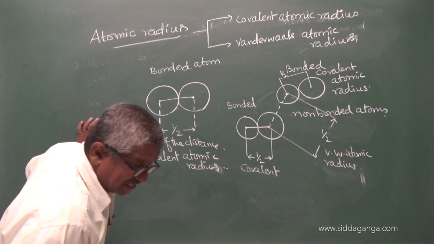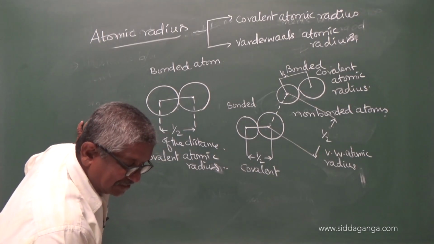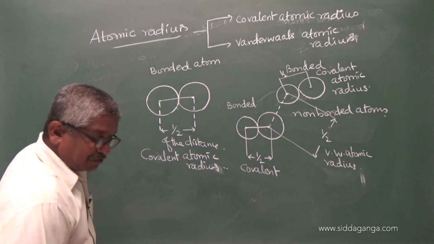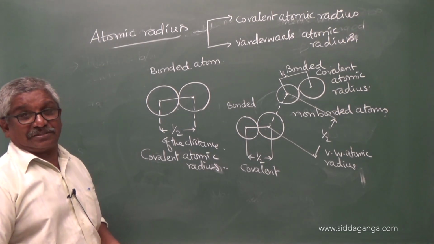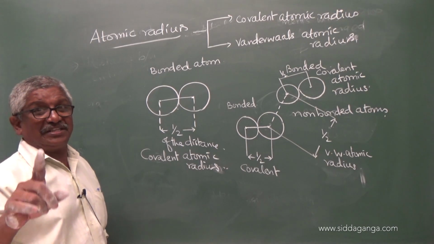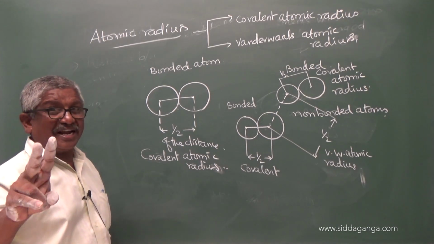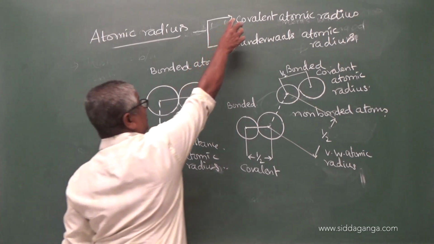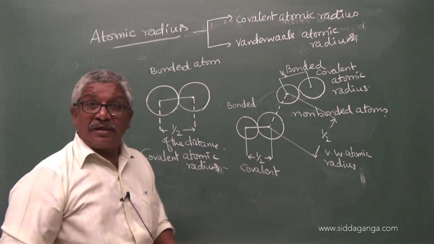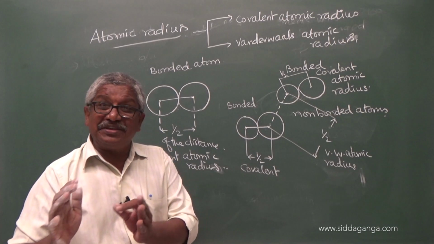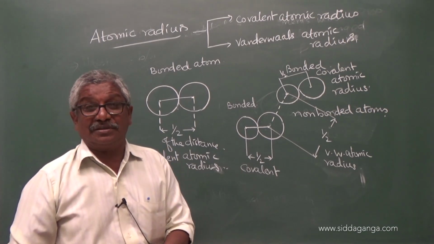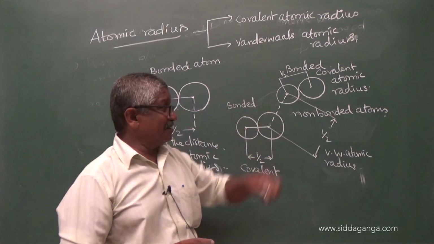Covalent atomic radius is half of the distance between the nuclei of two bonded atoms. Half of the distance between two non-bonded atoms is van der Waals atomic radius.